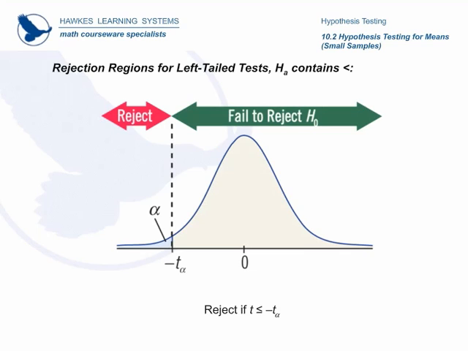So we've got our alpha value there, or our level of significance, and we see our cutoff point and our rejection area. And then on the other side we have the fail to reject the null hypothesis. So we know if we fail to reject the null hypothesis, then that means that we agree with it. If we reject the null hypothesis, then that means that we don't agree with the null hypothesis, but we have taken on the alternative hypothesis.